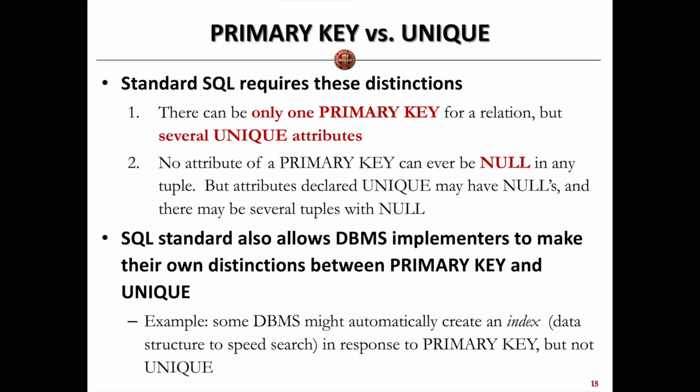You know, SQL actually has different versions depending on the implementation. So the SQL standard also allows the DBMS implementer to make their own distinctions between primary key and unique. In other words, depending on the database software you are using, they may have different specifications on these two keywords.